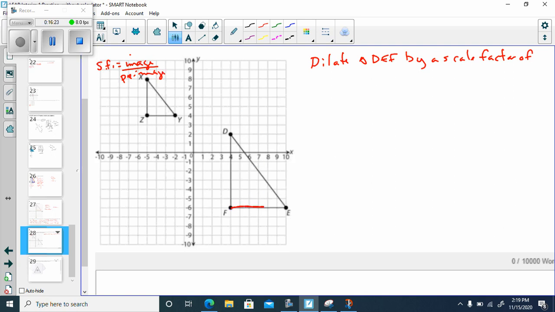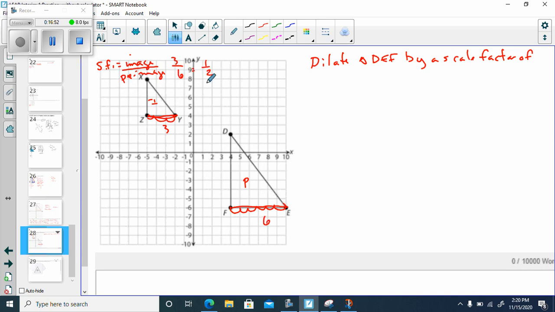This bottom piece, this DE corresponds to this ZY, right? Because these have been dilated and translated, okay? This is my pre-image, and this is my image. My image side here is 1, 2, 3 units long. My pre-image side is 1, 2, 3, 4, 5, 6 units long.